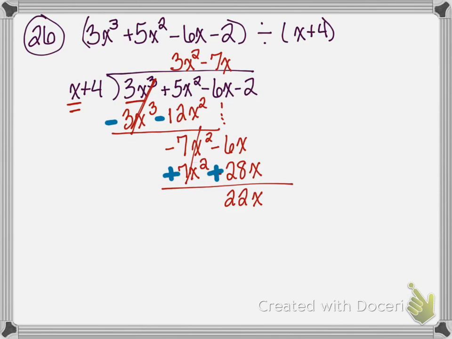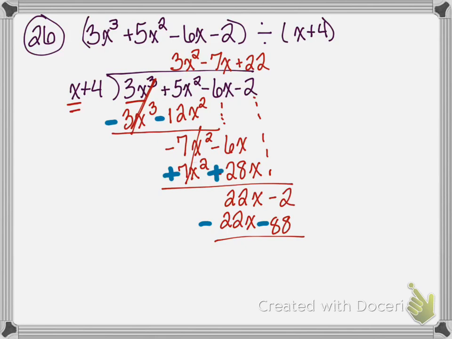Okay? Now I'm going to bring down that negative 2. X times 22 is what would give me 22x. 22 times 4 is 88. 22 times x is 22x. And we are subtracting.